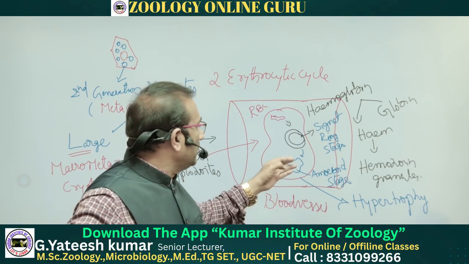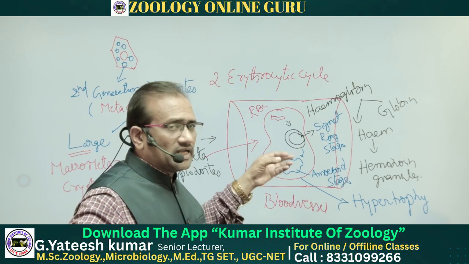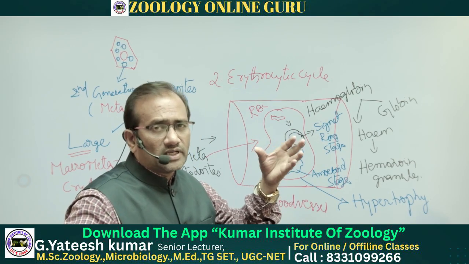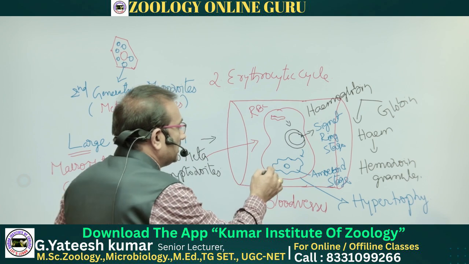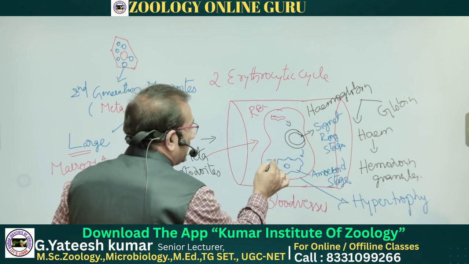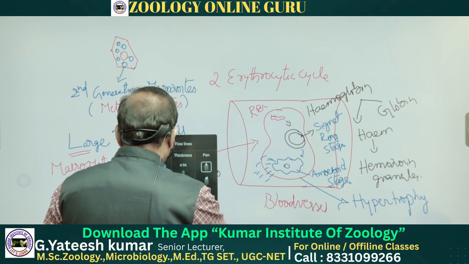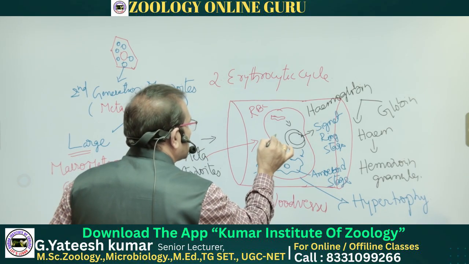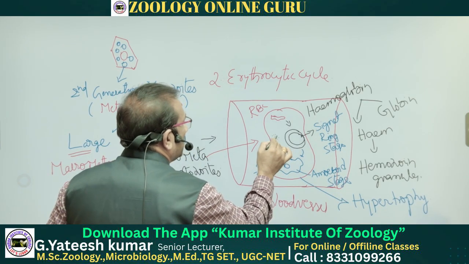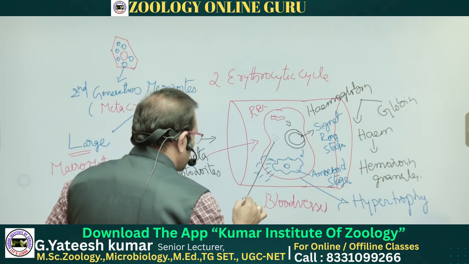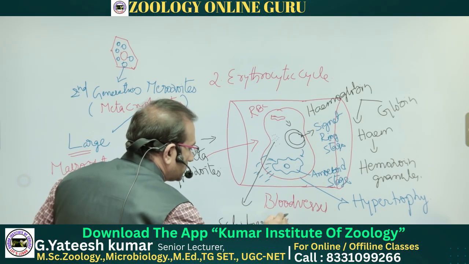After hypertrophy, the amoeboid stage bursts and releases the hemozoin inside, and along with the hemozoin there are also small dots. These dots are known as Schüffner's dots.